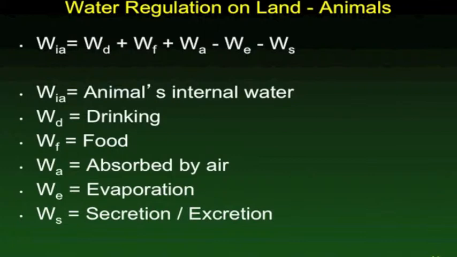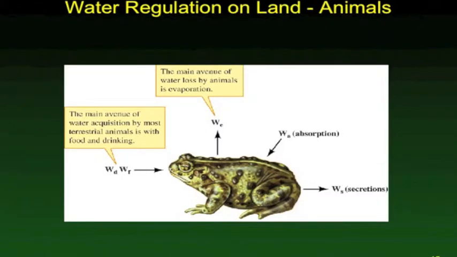And then how much water can they possibly absorb from the vapor that's in the air? And then that's balanced by evaporation, so the amount of water that an animal actually evaporates to its surrounding environment, and then the water that it loses by things like urination and excretion and sweating.